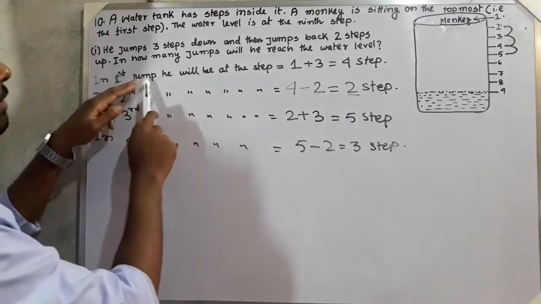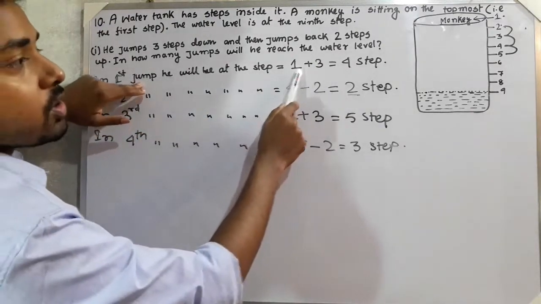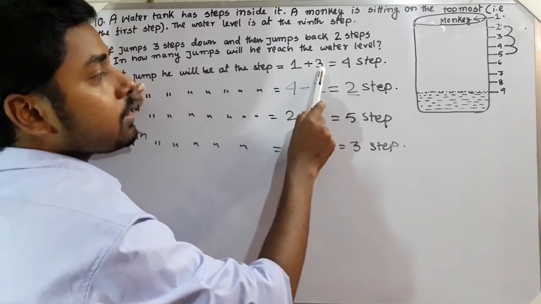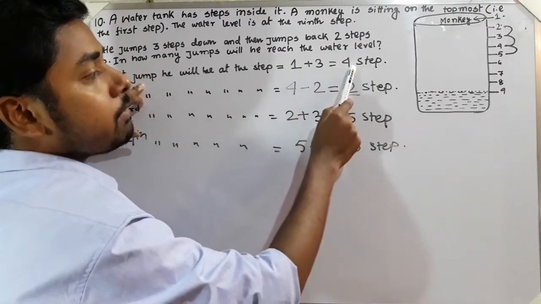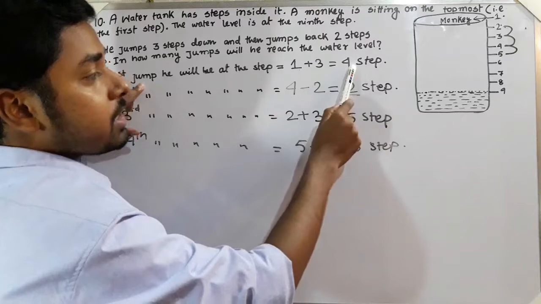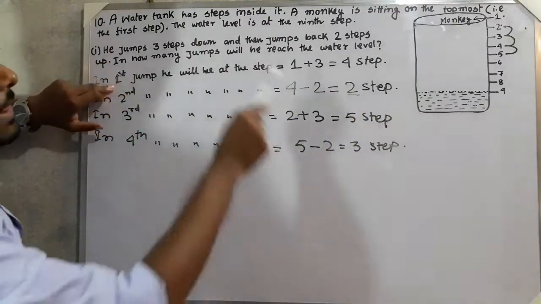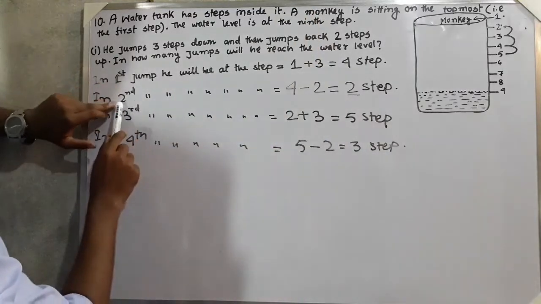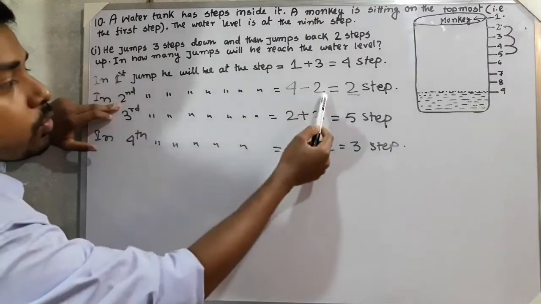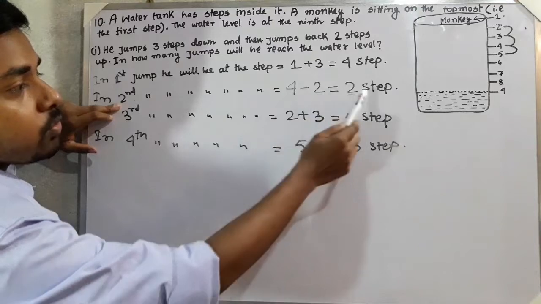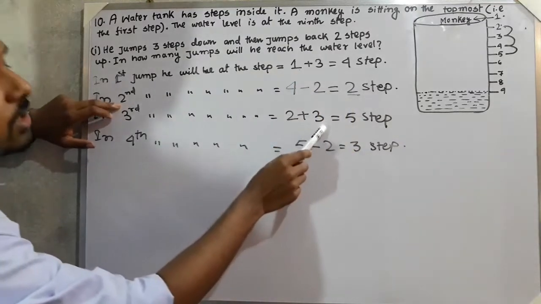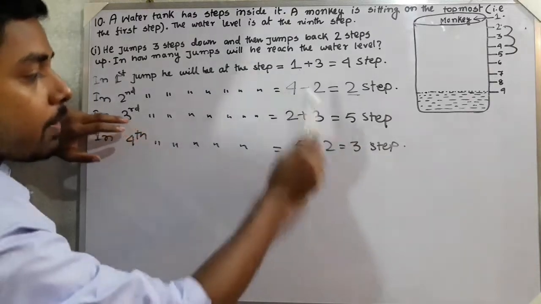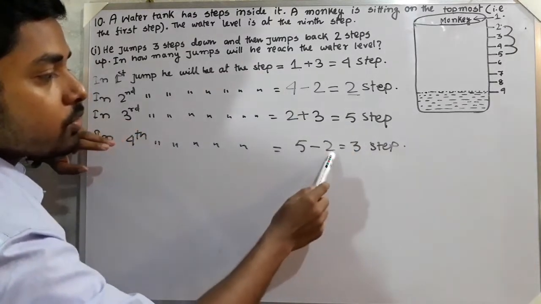So 1 plus 3, that means he will be at the 4th step after the first jump. Then 2 steps back, 4 minus 2, the 2nd step. And again he jumps 3 steps, so 2 plus 3, 5th step. And again he jumps back 2 steps, so 5 minus 2, 3.